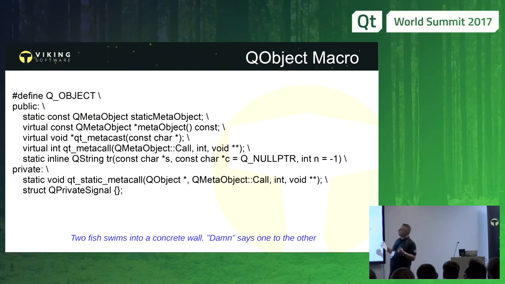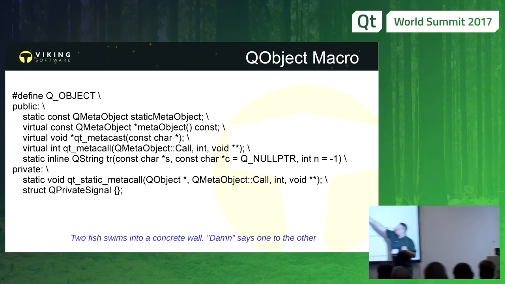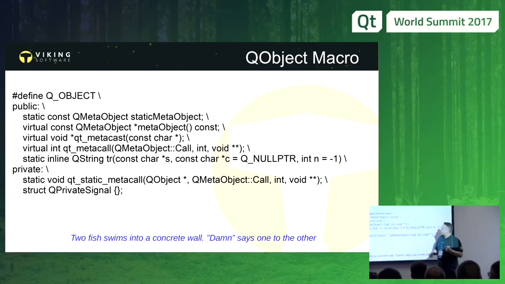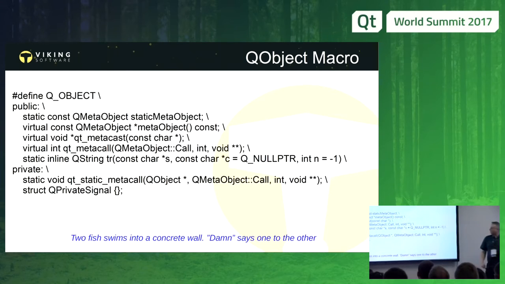That's okay. So the ones that we are really using here are the meta object. This one. This is the good stuff. And we will use the cast operator and the meta call. Those are the fun things that we'll look at in the next few slides.